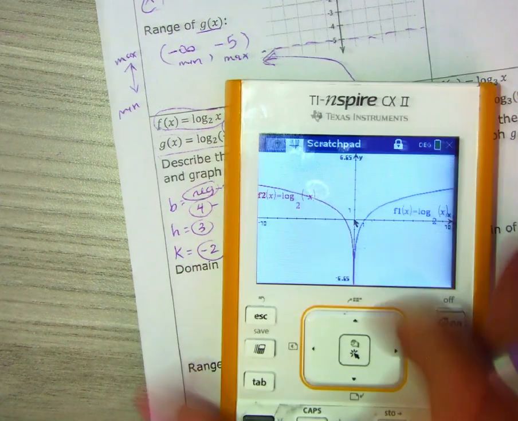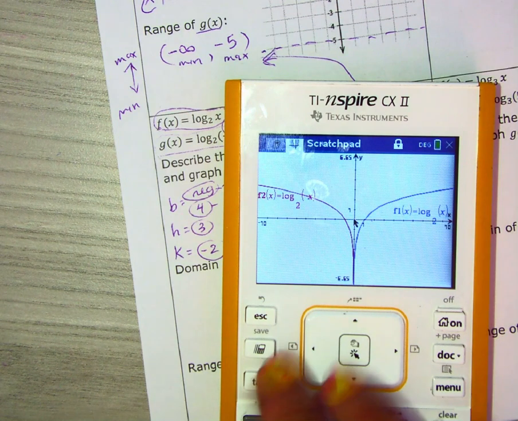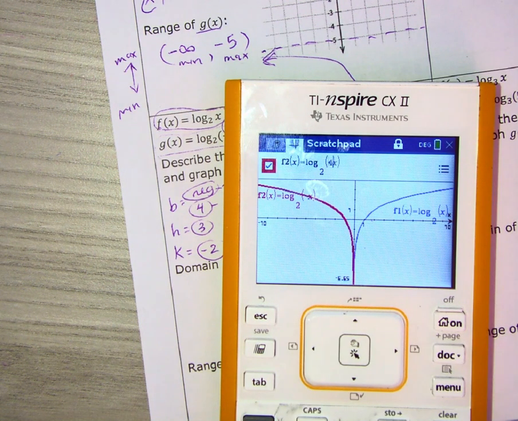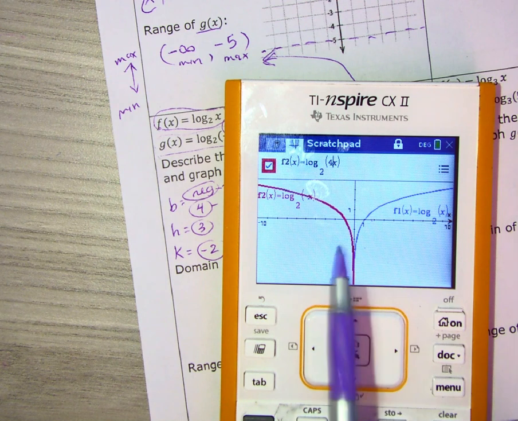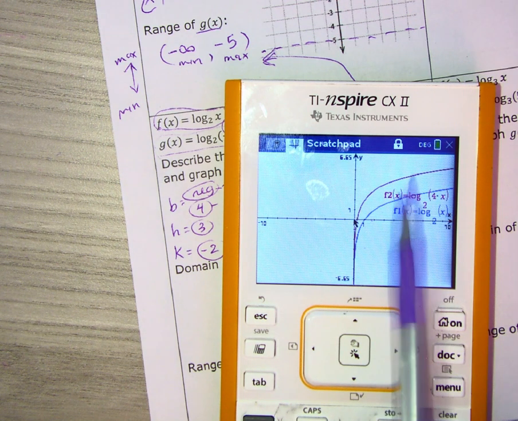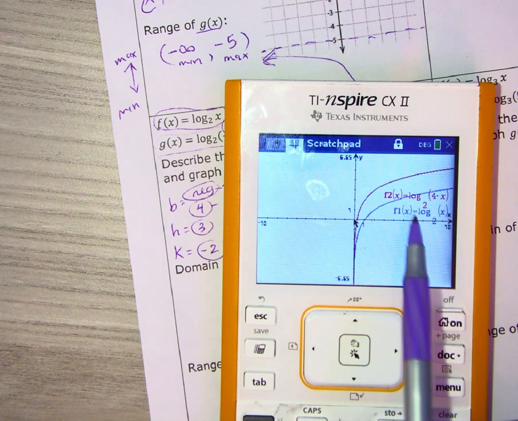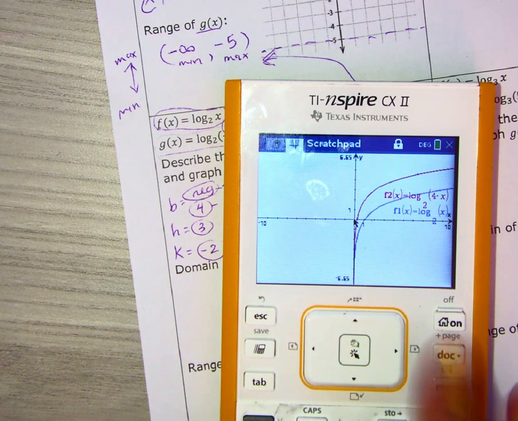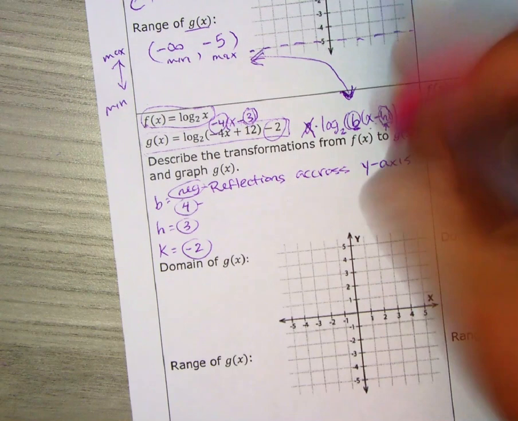Next, let's talk about what 4 is doing. I'm going back to editing that one, and instead of -4, I'm putting a 4 just by itself. So if I compare the original to that one, I need to describe it and recall that b values are descriptions that are horizontal.